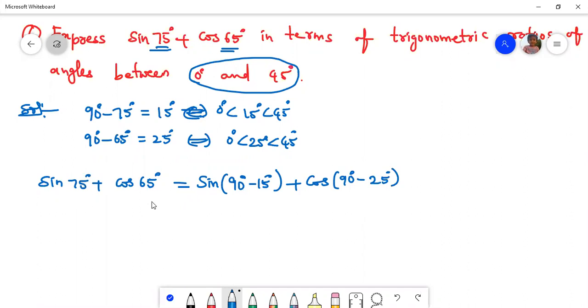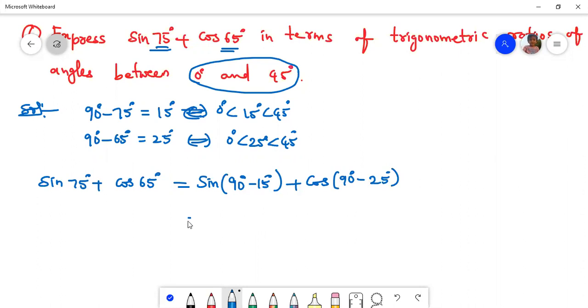You don't take 75 minus 75 minus 65. Just after subtraction you are getting the same term only. So 90 minus 15 is 75, sine 75, no change about that term. 90 minus 25 is equal to 65, no change about that term.